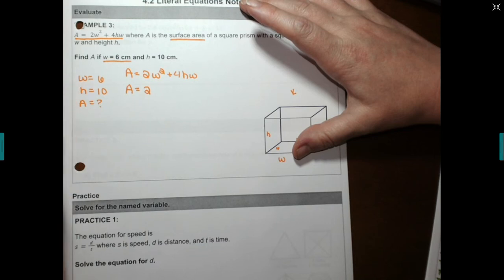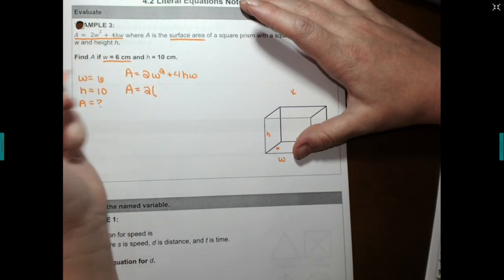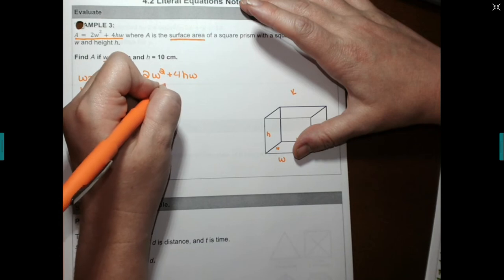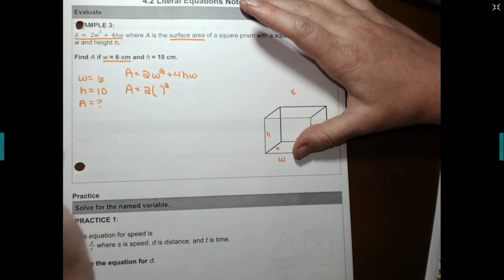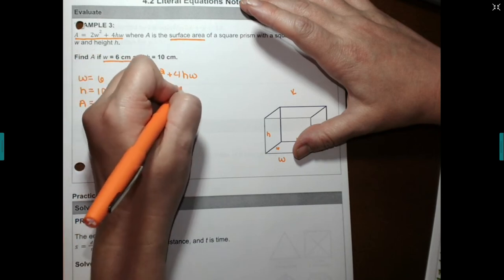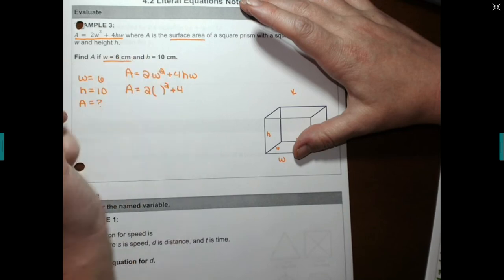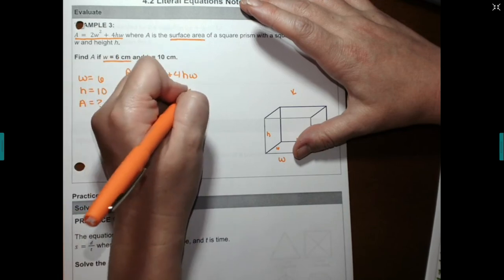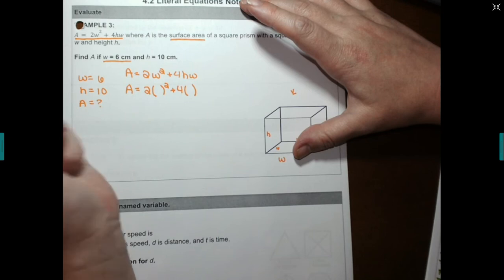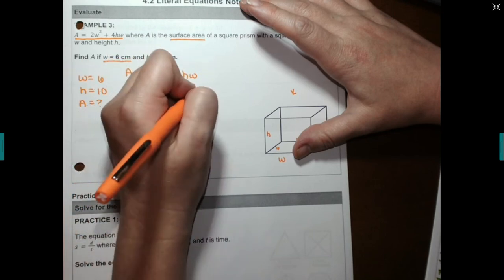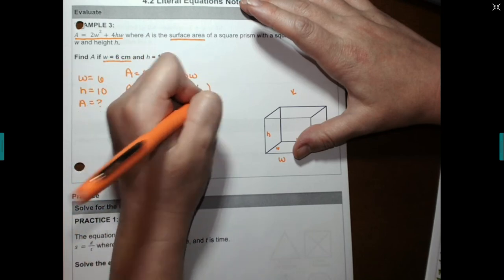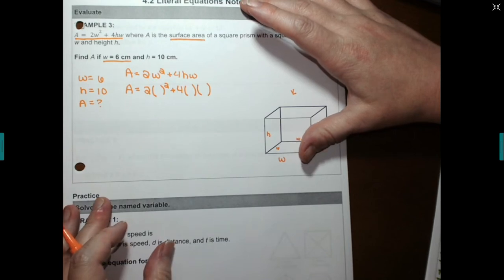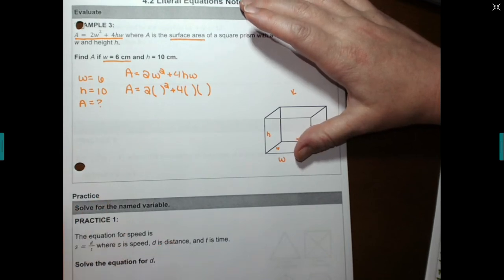I do know what W is, so I can put some parentheses and a squared plus 4. I do know what H is, so I'm going to put some parentheses to hold my place there. W. Again with some parentheses. You're going to see why the parentheses are so helpful in a minute.